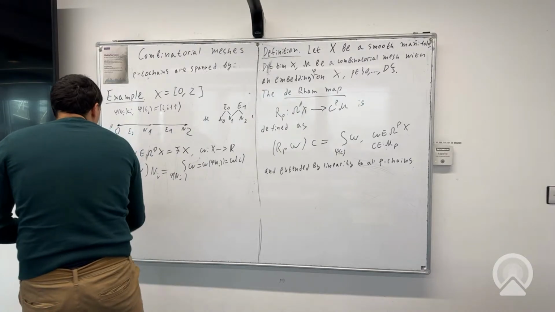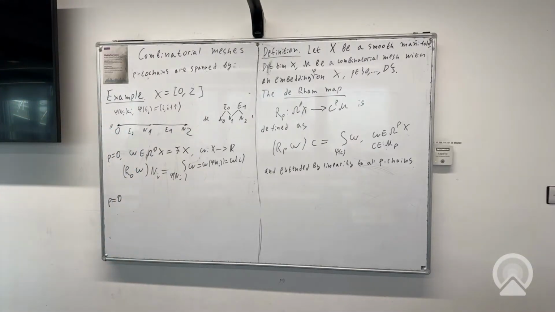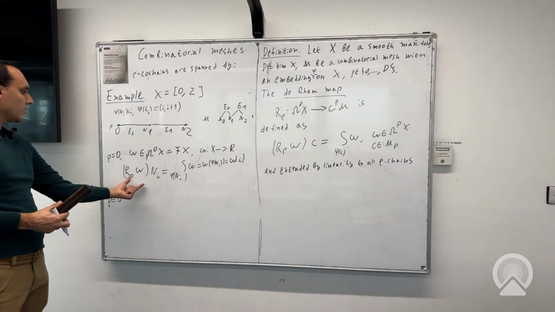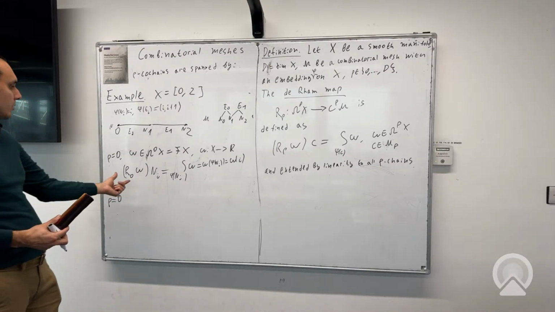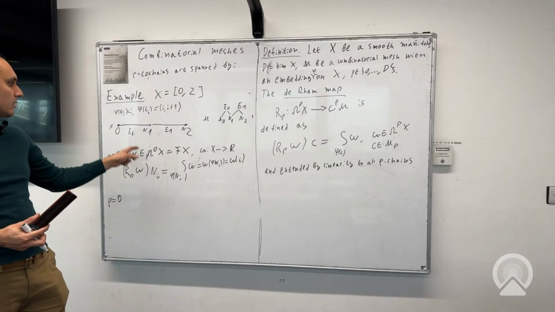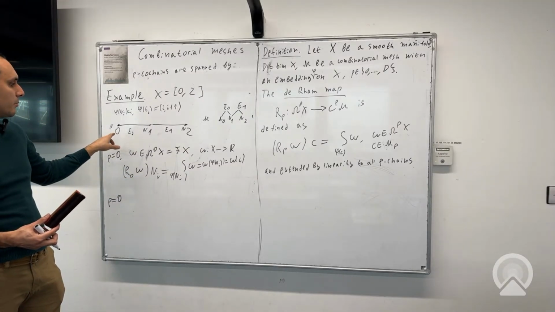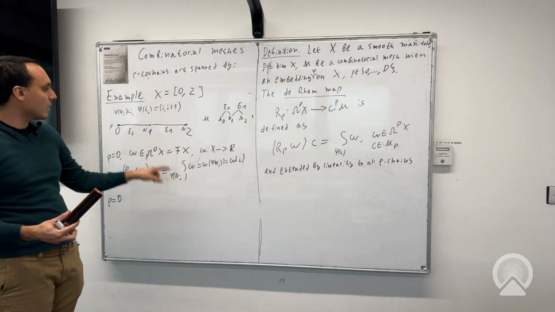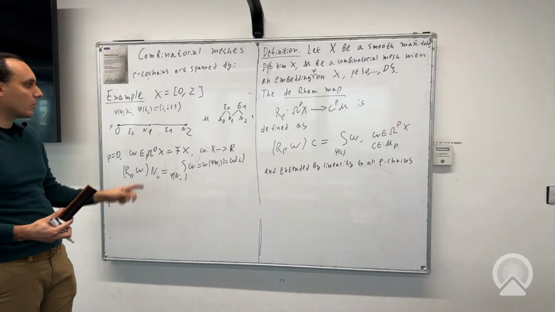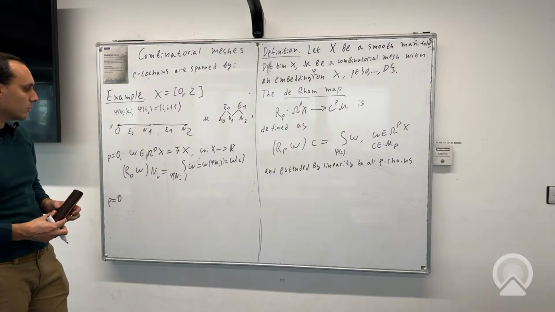Now, we just mapped omega to a discrete function that on n0 maps the real number omega of 0, on n1 maps omega of 1, on n2 maps omega of 2.